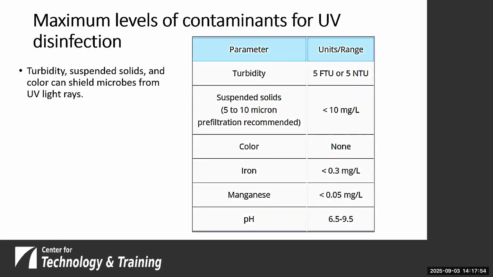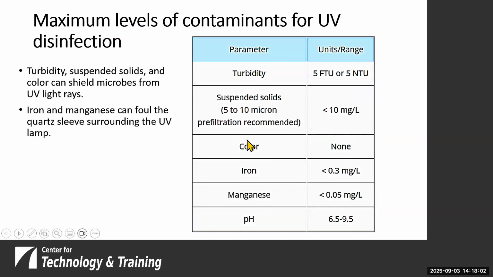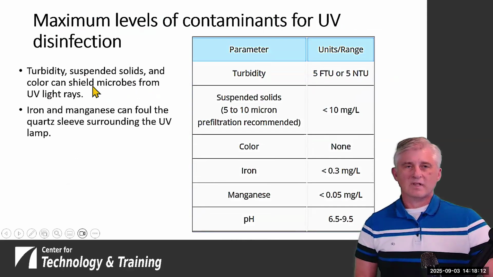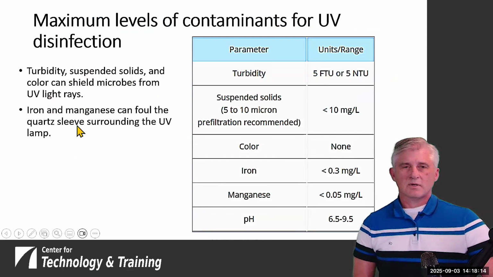So what are some of the maximum levels of these contaminants that we can have in the water and still have UV disinfection? For turbidity and suspended solids, we've got 5 NTUs, and that's because they can block the UV light from getting to those microbes.